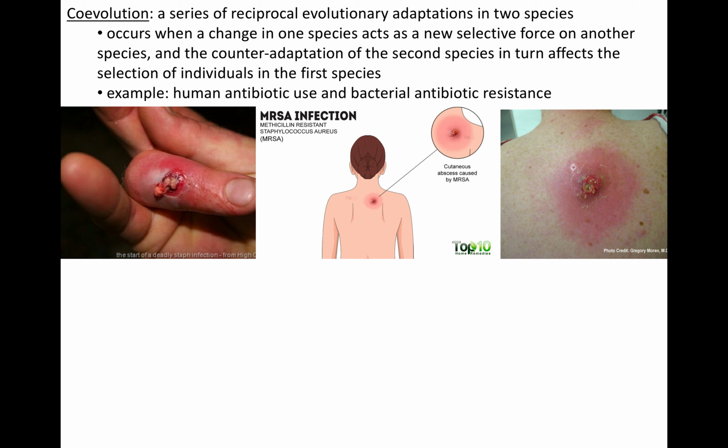How does this happen? Well, humans use a lot of antibiotics. We actually overuse antibiotics. The overuse of antibiotics has allowed certain bacteria to develop measures that help protect them from these antibiotics. Over time, the bacteria become what we call superbugs. So our current antibiotics cannot kill them.